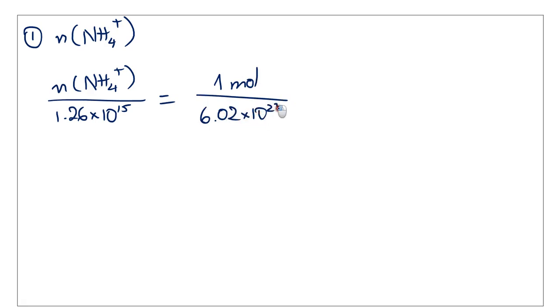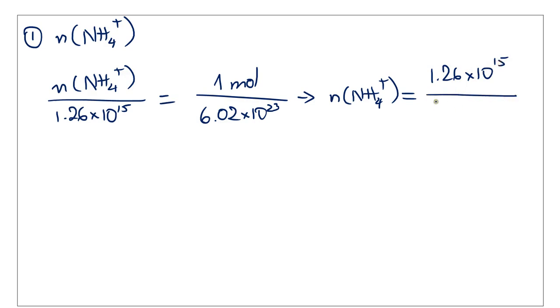So this is how you can use Avogadro's constant as a conversion factor. And then from here, you know that the number of mole of NH4 plus ion is going to be 1.26 times 10 to the 15 over 6.02 times 10 to the 23.